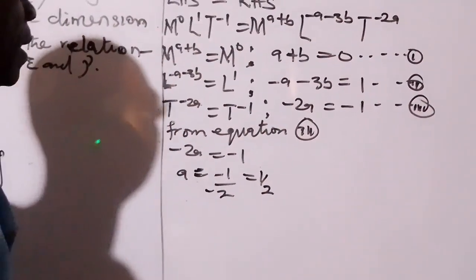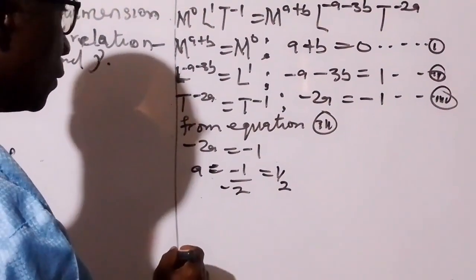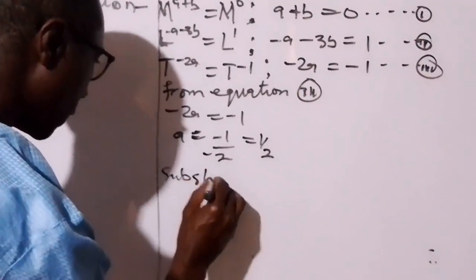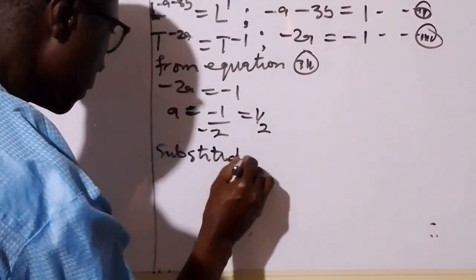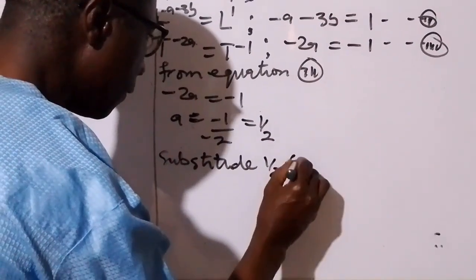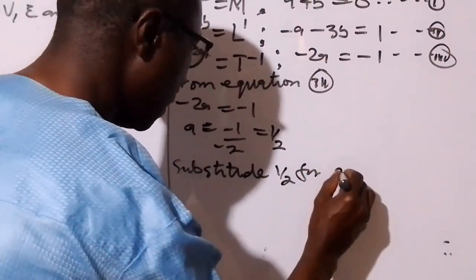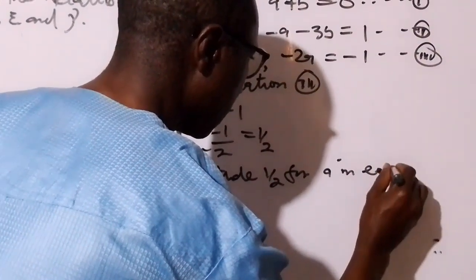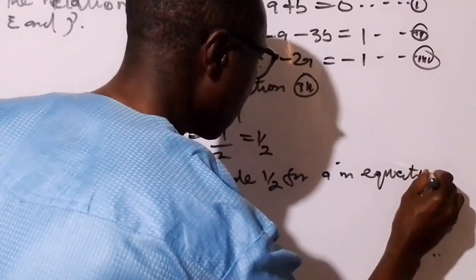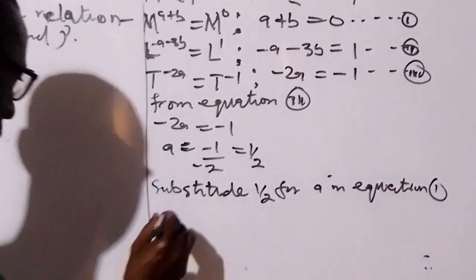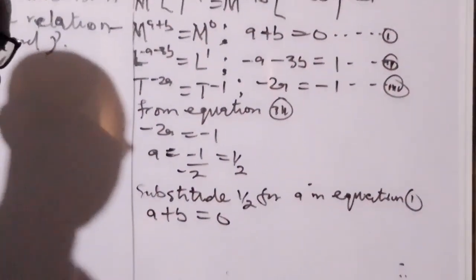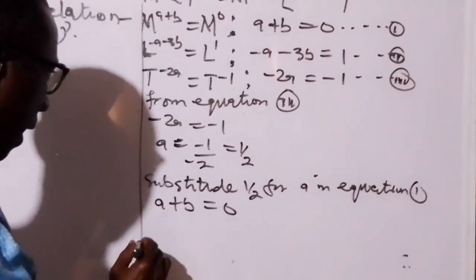So we substitute half for A in equation 1. And what is equation 1? A plus B equals 0. So from there you can say our A is half.